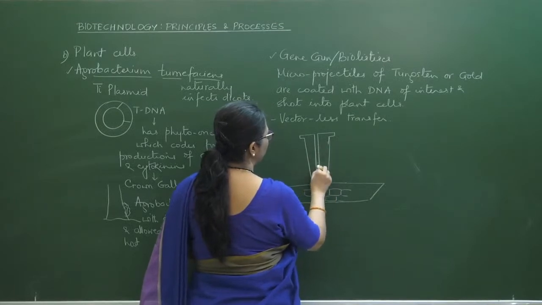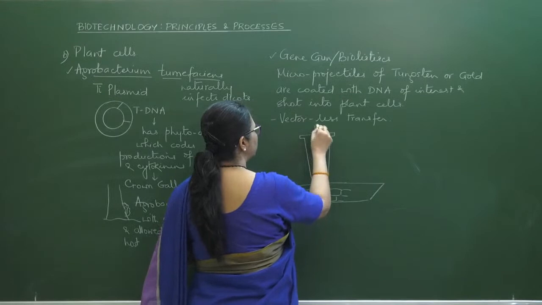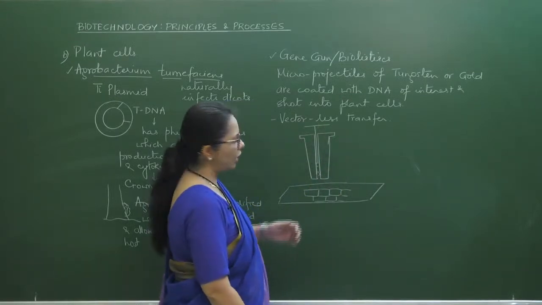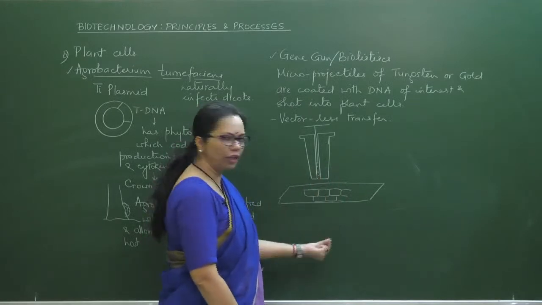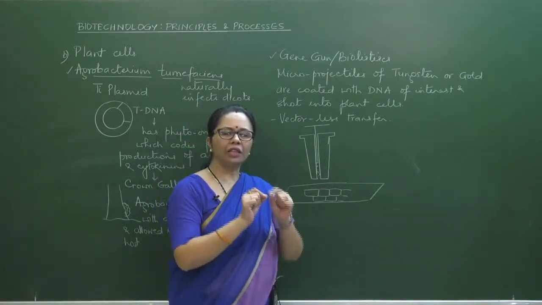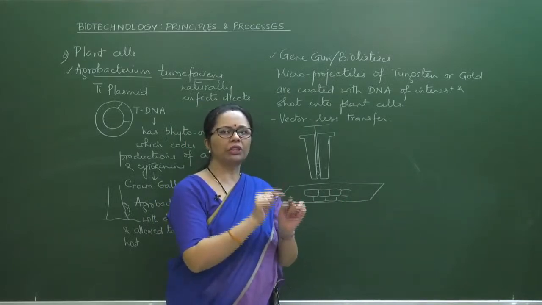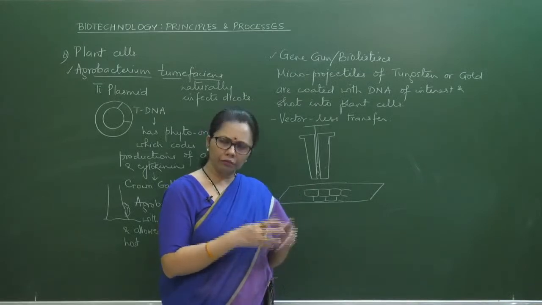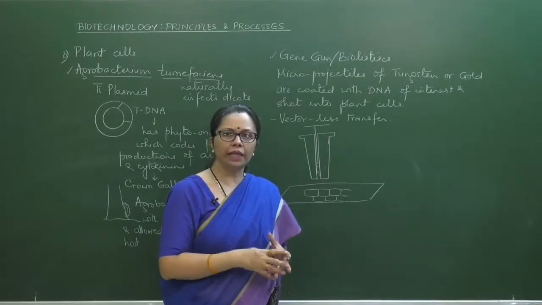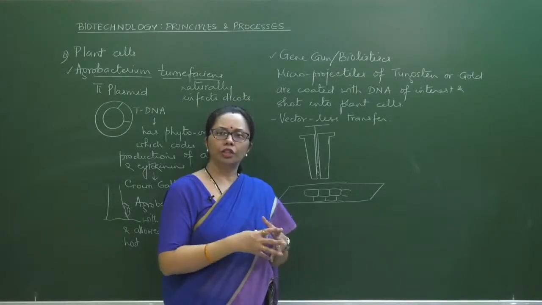Here the microprojectiles are there, and there is a cartridge chamber and then a firing pin. Once it is fired, these tiny projectiles pass through the plant cell from one side to the other and go out. But the DNA of interest present on those projectiles will remain, some of it will remain inside the cell, and some of it can get integrated into the genome.